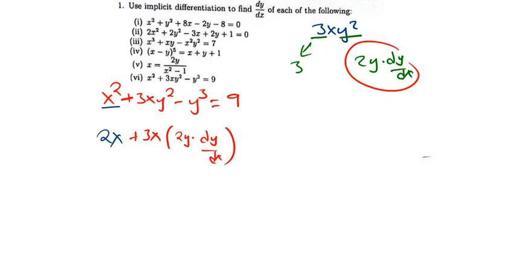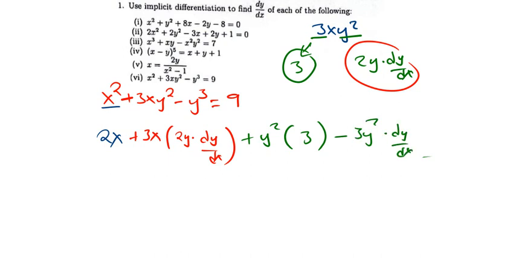And then the second part is y squared, multiplied by the derivative of the other part, which is a 3. Now on that last part, negative y to the power 3, that's going to be minus 3y squared dy/dx. Derivative of a 9 is a 0.